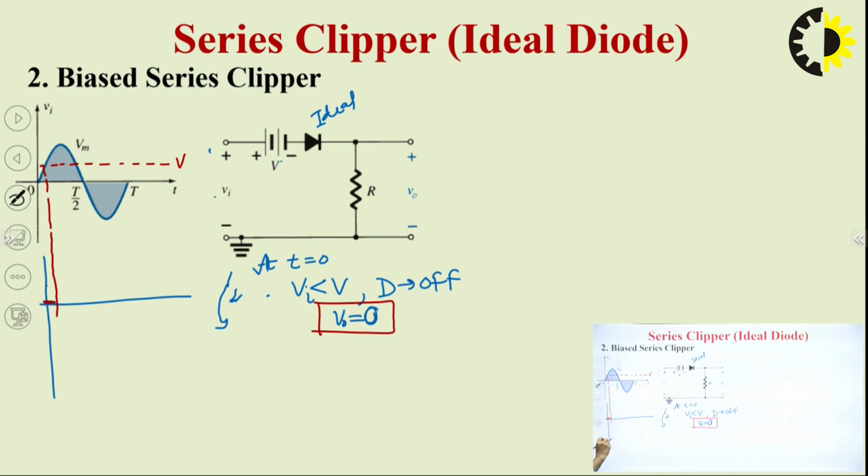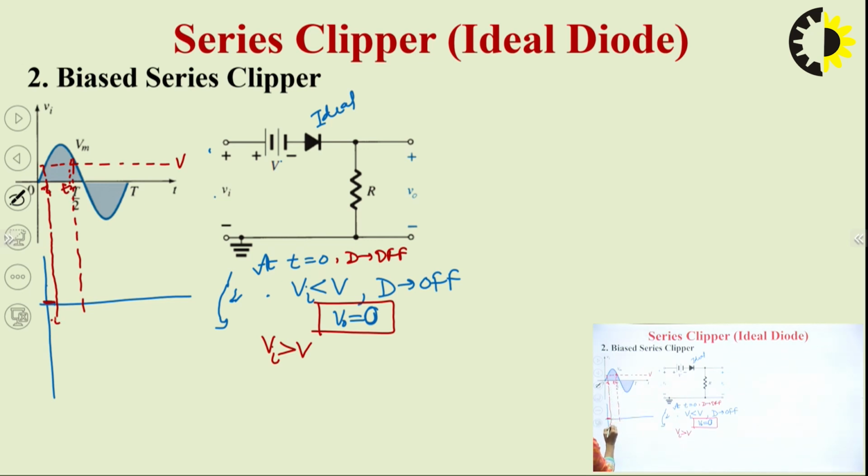this is the time when your diode is 0, because up to this value, our input signal is less than the transition voltage. And as soon as your Vi is greater than V volt, that means during the time period, let's say T1 to T2.